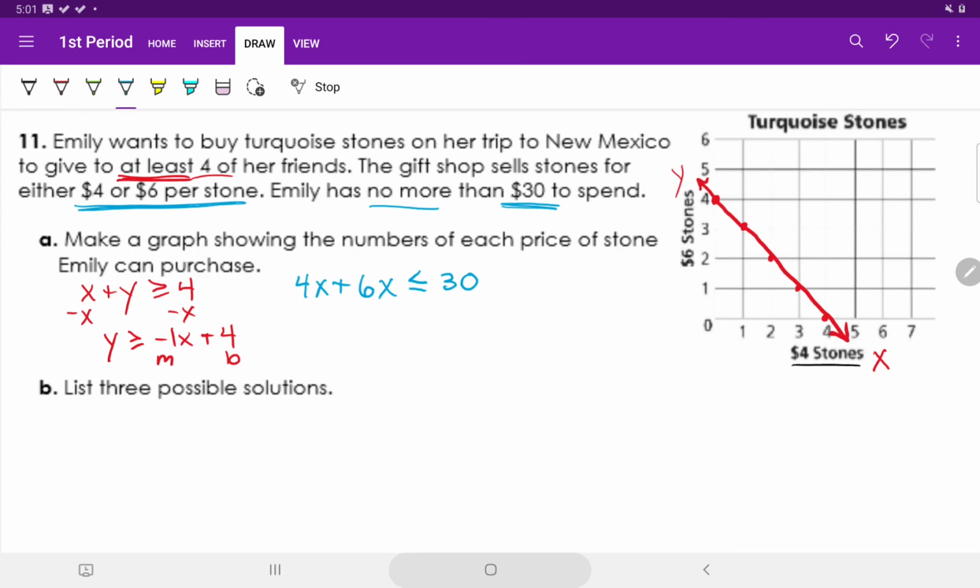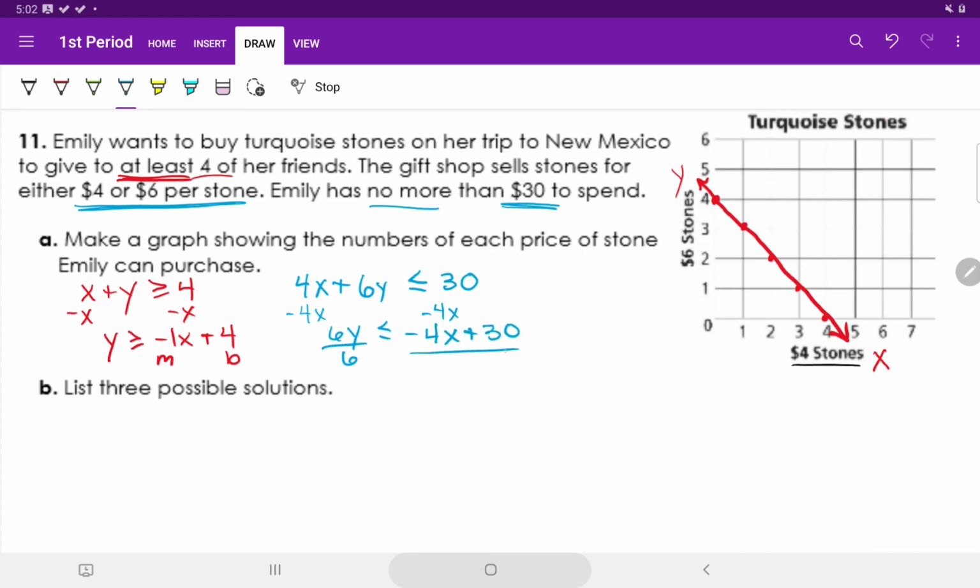For the blue inequality, we need to subtract 4x from both sides. So that's going to give us 6. Oh, I made a little mistake here. This should be a y. It's going to give us a 6y is less than or equal to -4x plus 30.